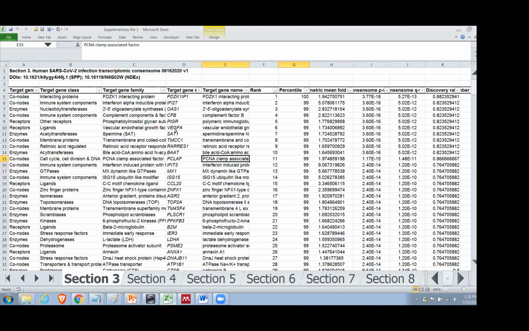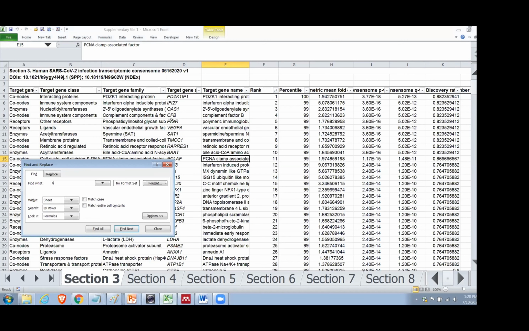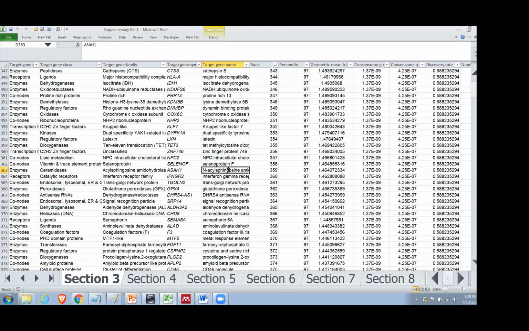In fact, if you look at the underlying data points within the SARS-CoV-2 consensome, you'll see that ASAH1 is in the 97th percentile.